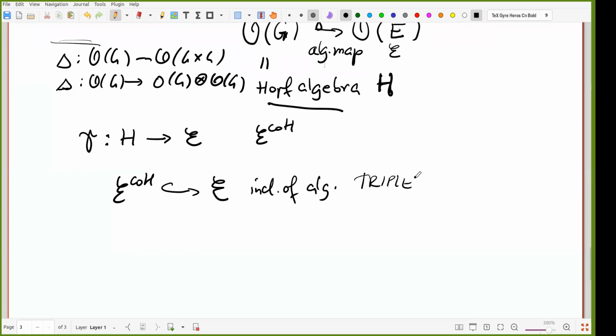Remember, at the level of modules, if you look at the categories of modules, then you have inverse image, direct image, and direct image has its own right adjoint.